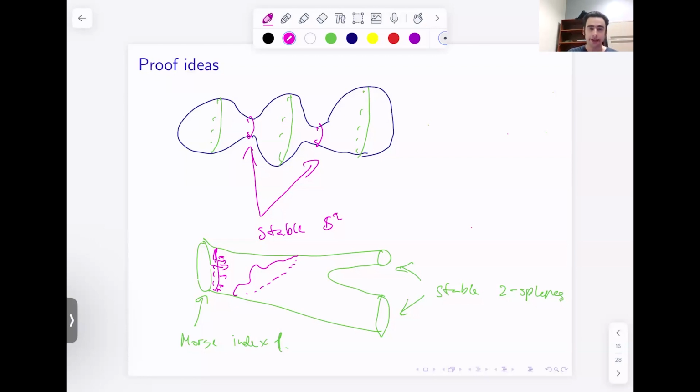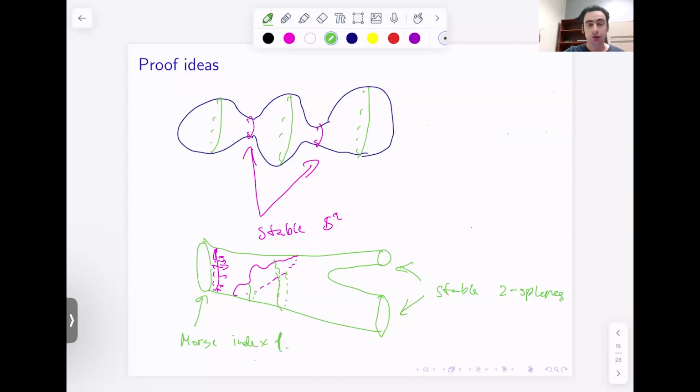And then we use a construction from Gromov-Lawson's paper on bounding the Urysohn width of three-manifolds with zero first homology, which allows us basically to cut these pieces into smaller chunks, and then restart the flow.